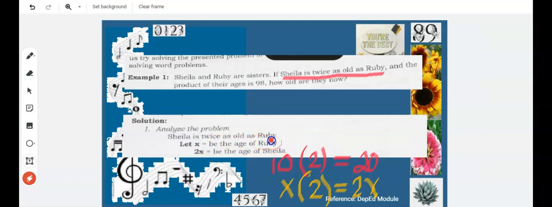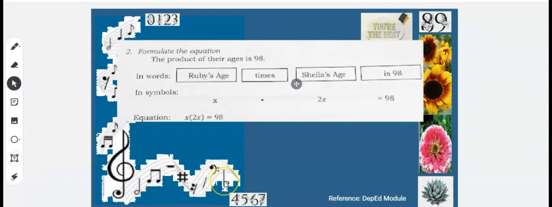So ang age ni Ruby, atong i-represent og x. And then we also say 2x with the age of Sheila. Kay ang age ni Sheila twice man sa age ni Ruby, dubliho nato ang x. Right? So karon for step number 2, we formulate the equation.